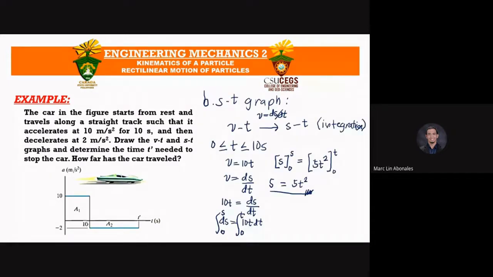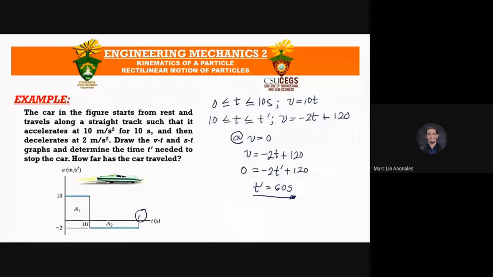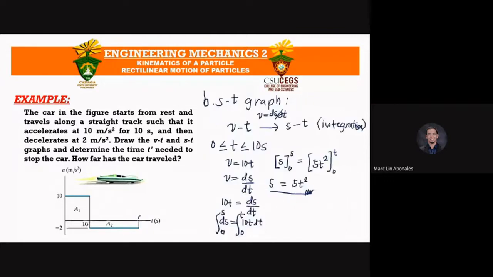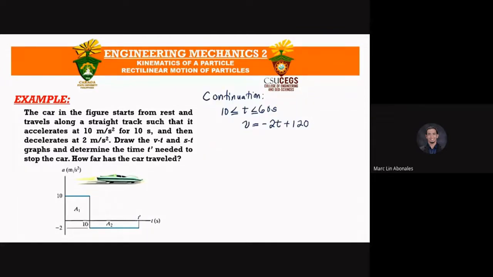I need to check if, okay, negative 2t plus 120. So the same thing, the same kinematic equation, that was V is equal to ds over dt. So negative 2t plus 120 is equal to ds over dt.